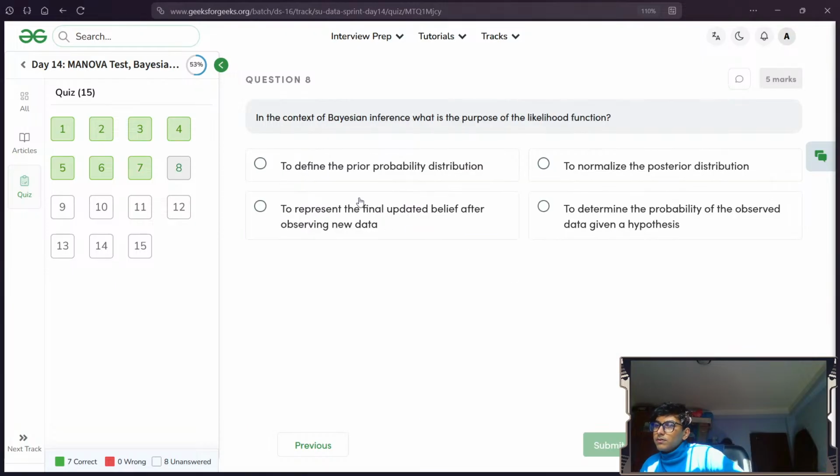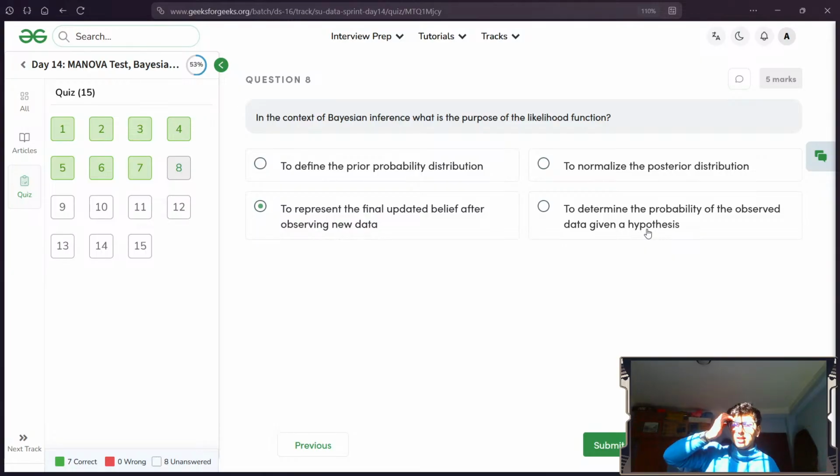Okay. In the context of Bayesian inference, what is the purpose of the likelihood function? To define the prior probability distribution, to normalize the posterior distribution, to represent the final updated belief after observing new data, to determine the probability of the observed data given a hypothesis.